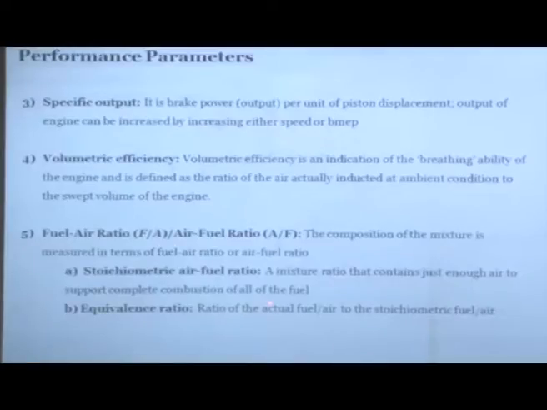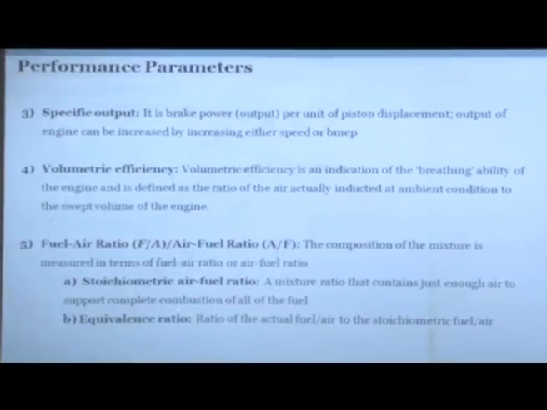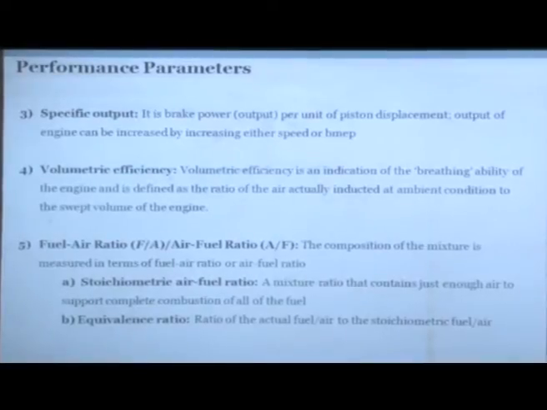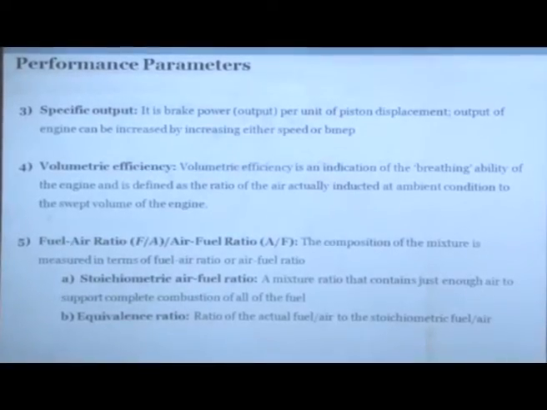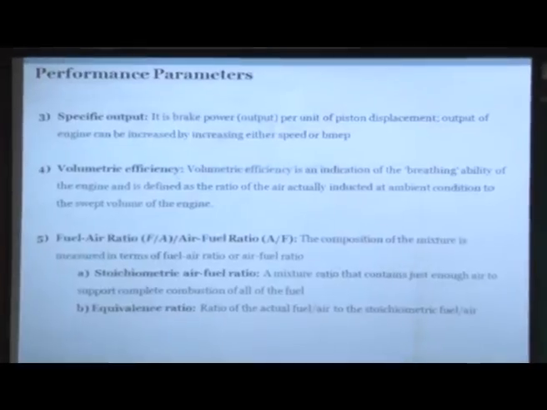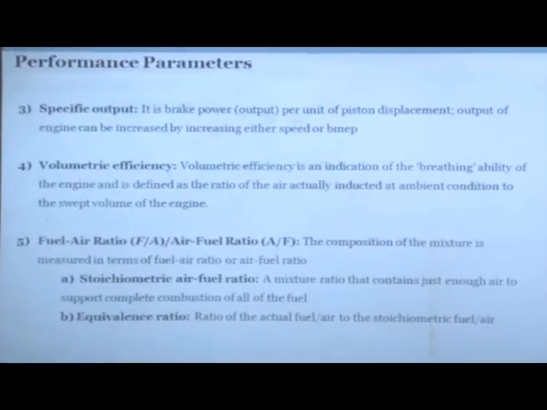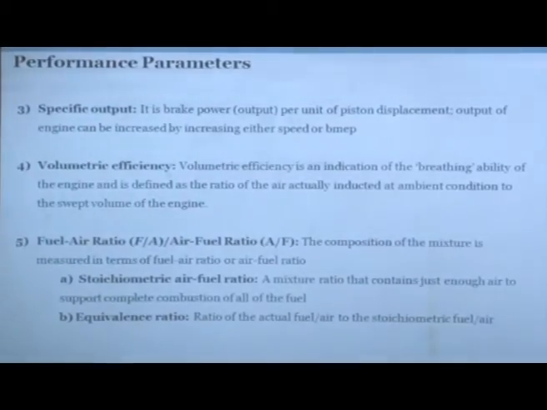So, the stoichiometric air fuel ratio is a mixture ratio that contains just the right amount of air to support complete combustion of all the fuel, and there is no oxygen going out in the exhaust. That is also a condition. Otherwise, if oxygen is going out in the exhaust, then it is excess air.